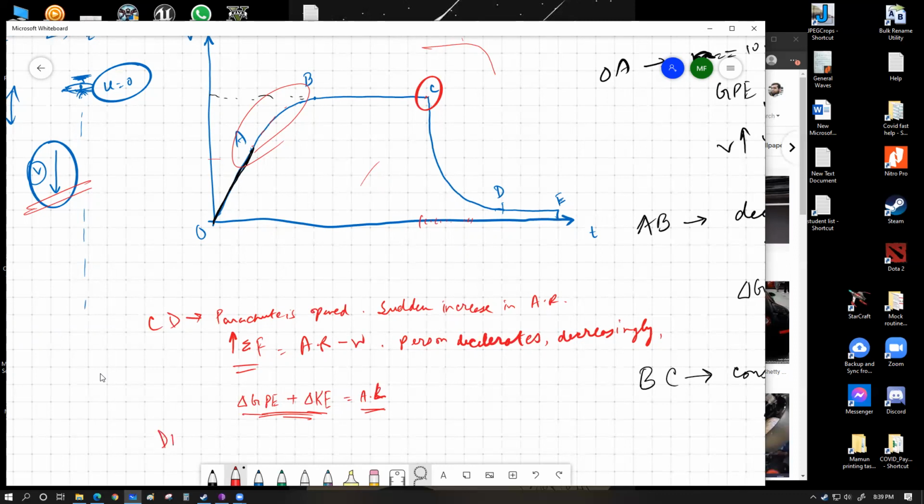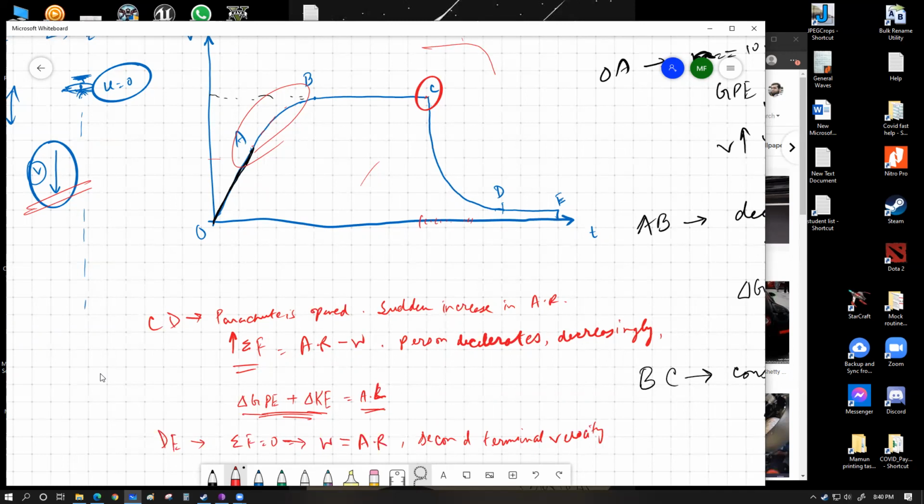What happens for the D part? We have the second terminal velocity. So we have resultant force 0, because once again weight becomes equal to air resistance, and the person has a second terminal velocity, much smaller because now we have a bigger surface area, and the person keeps on falling with this part.